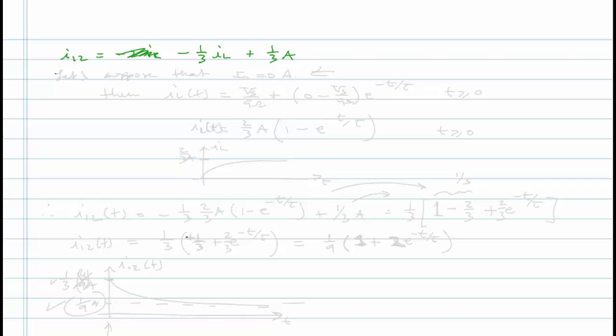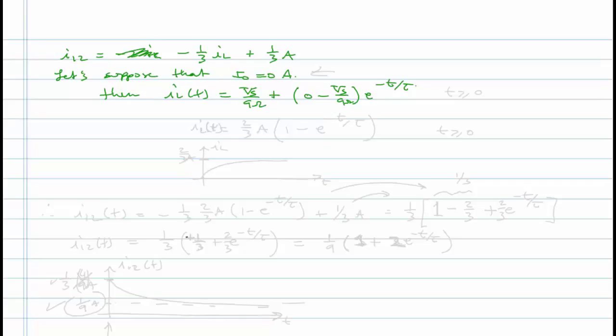And then let's suppose that I naught is equal to 0, in this case. Then we would be able to write that IL of t, going back to our complete solution on the previous page, is Vs over 9 ohms plus I naught, which is 0, minus Vs over 9 ohms times e to the minus t over tau, Vs being 6 volts.